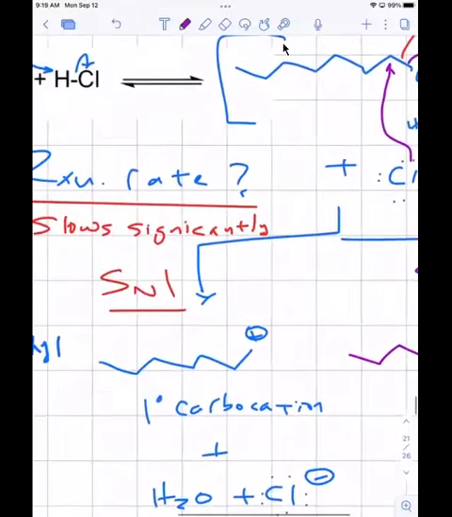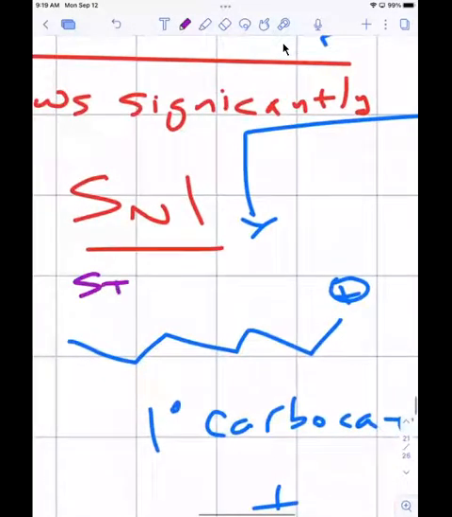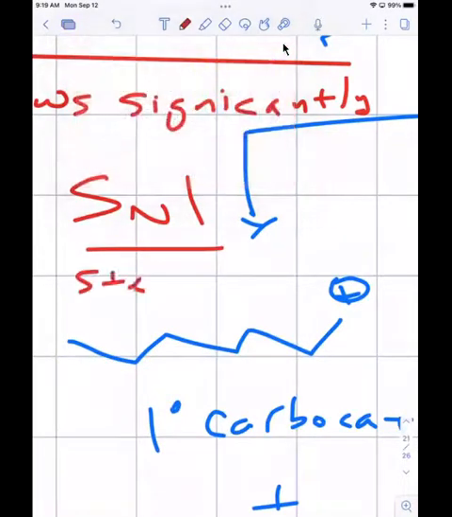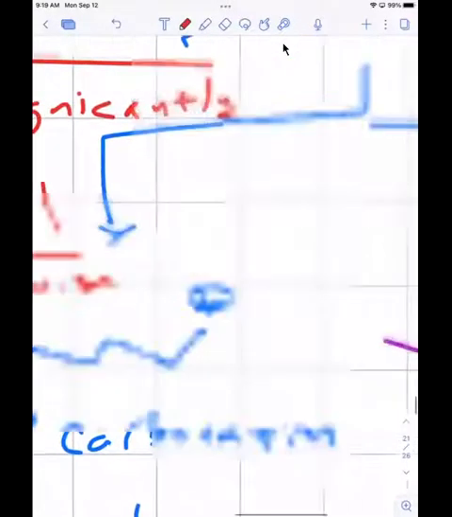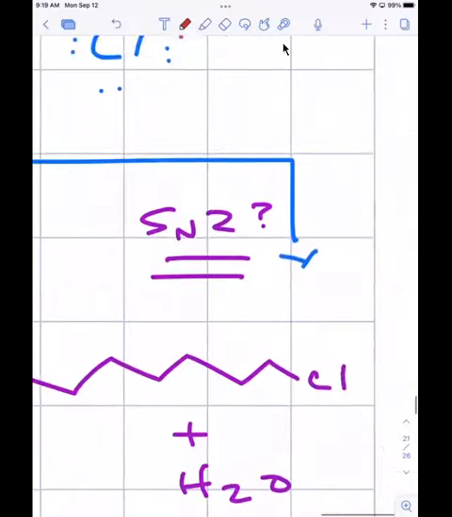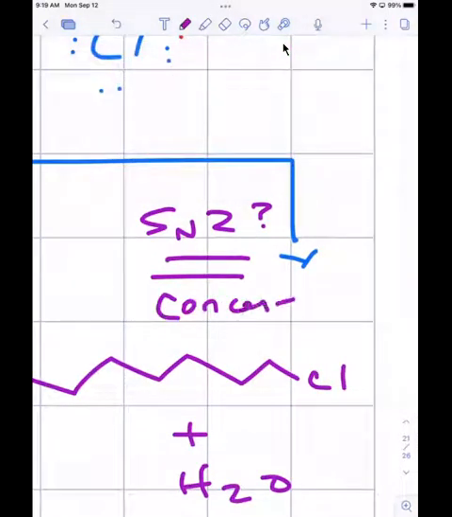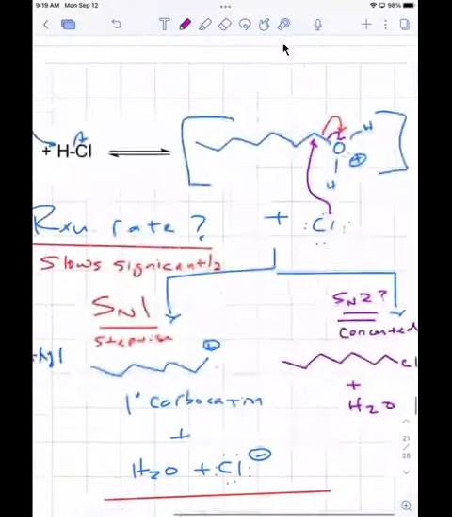Remember, one of them is stepwise and one is concerted. Didn't we talk about that Friday? Somewhat, touched on it at least. Yes, you did. So one is stepwise, one is concerted.